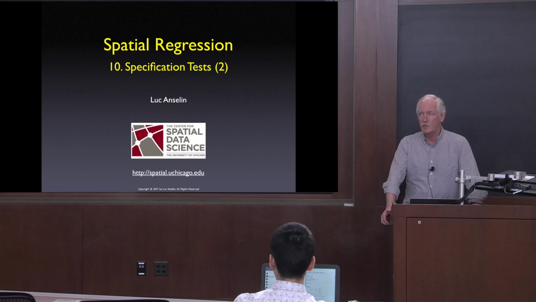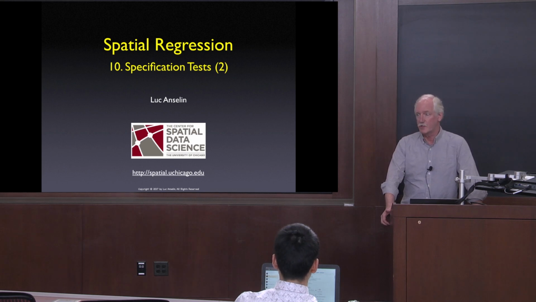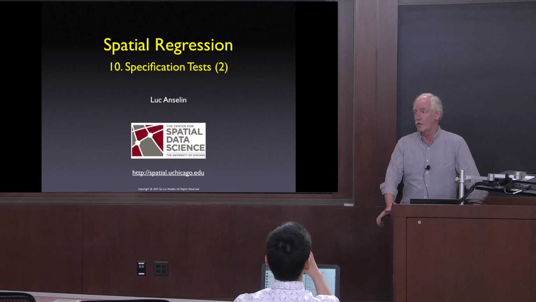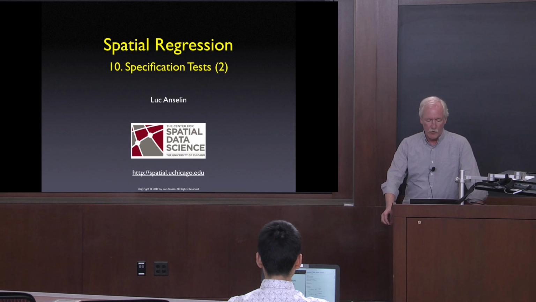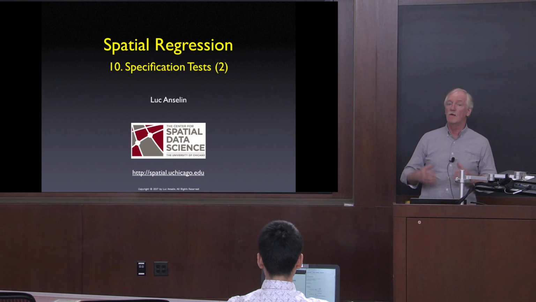So estimation of the constrained model, constrained in the sense of having the spatial parameter set equal to 0. So in most instances, that is simply a standard linear regression that can be estimated by means of ordinary least squares. So that's the easiest possible of worlds, but this principle also extends to more complex models, and that's where it really pays off.